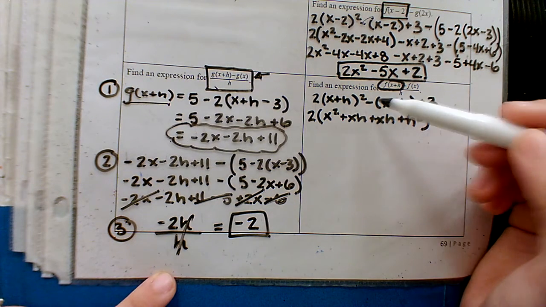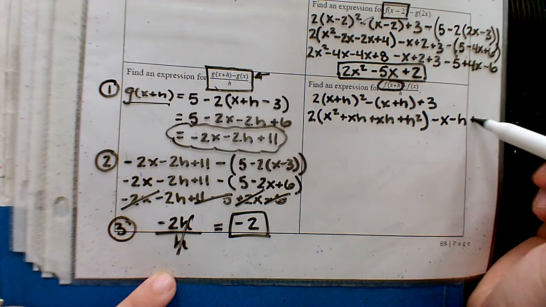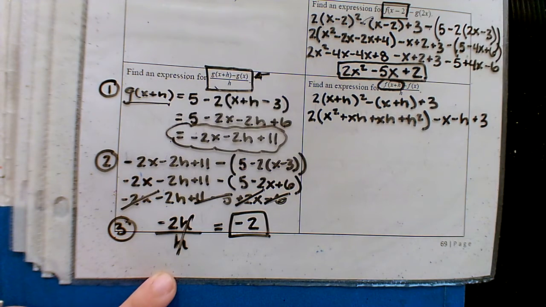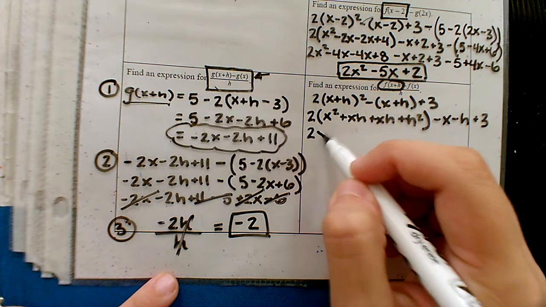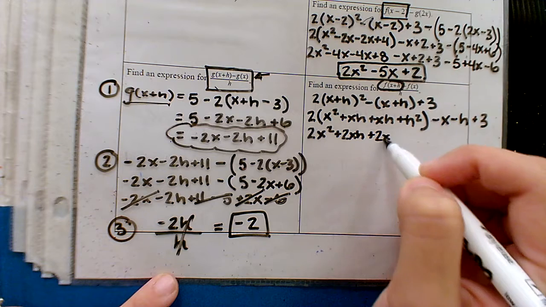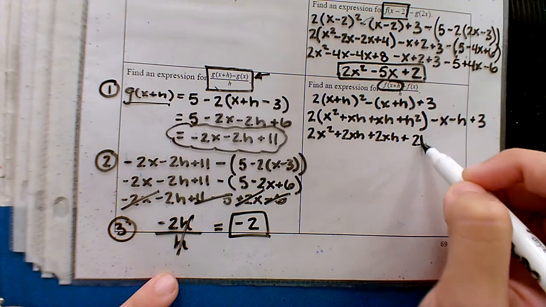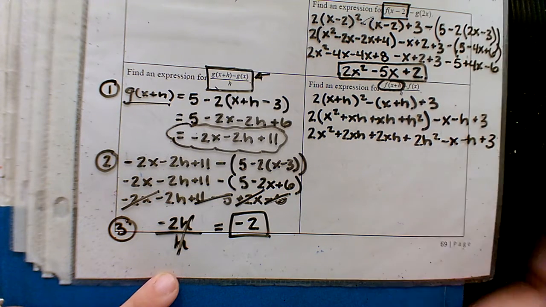If we continue to simplify, we can distribute in the minus sign, and then we have the +3. We still have parentheses, so we can keep distributing. 2x squared, 2xh, 2xh, 2h squared. And we'll have the rest.